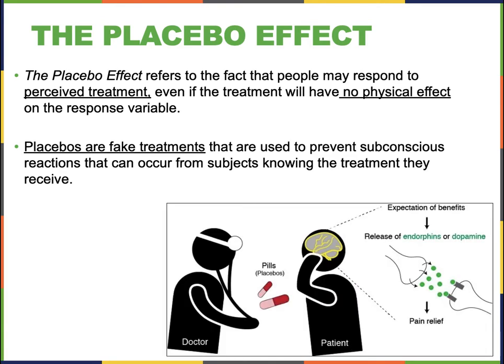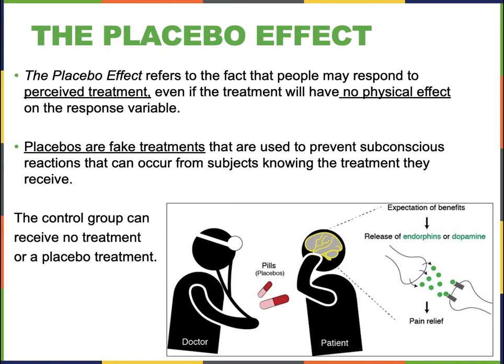To give you a better idea of this, I found this picture in which we're looking at the scientific reasons behind the placebo effect. Here we're seeing a doctor giving a patient a pill. Because of this, the patient has these expectations of what's supposed to happen. These expectations could release endorphins or dopamine, which would cause pain relief in the patient's body.